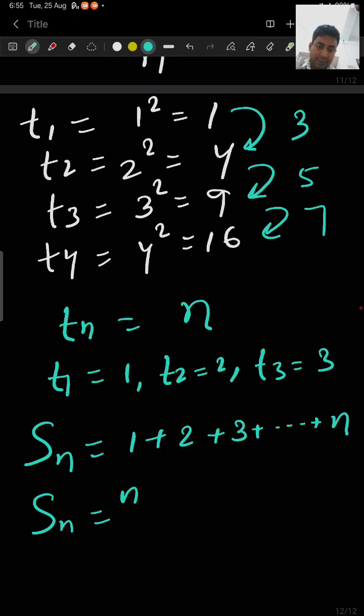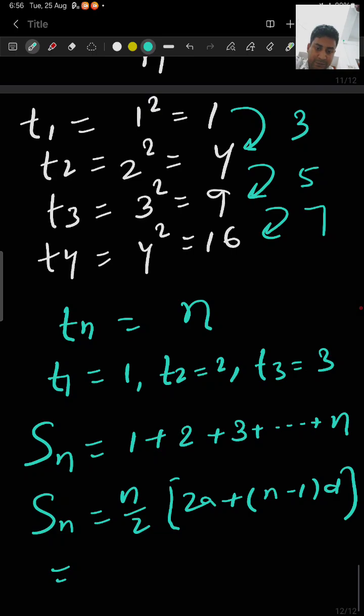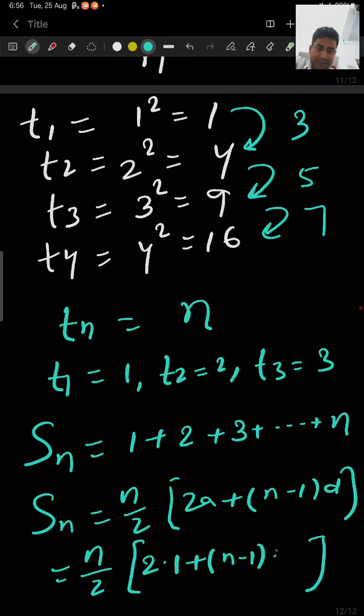Sn equal to n by 2 into 2a plus n minus 1 into d. Who knows how this comes? This is very important, because when you learn from logic, you will remember it till your old age. If you just memorize it, maybe you will remember for some years or some months, but logic is very important. 2 into first term is 1, n minus 1, d is 1.